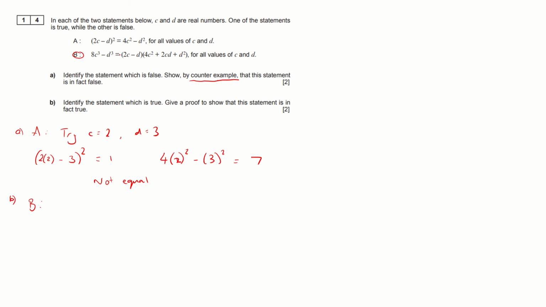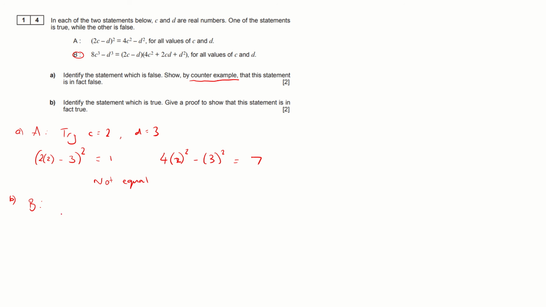Now, proof by deduction is mostly algebraic. What I'm going to have to do for part B here is prove that when I expand these brackets on the right-hand side, I get the left-hand side. So it's proving that it's the same on both sides.